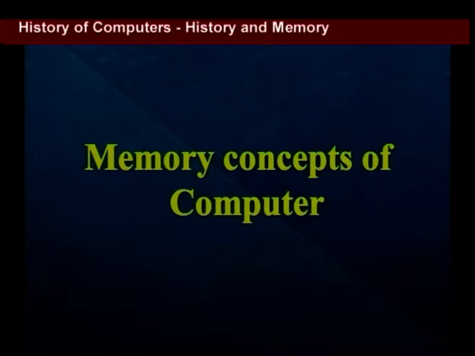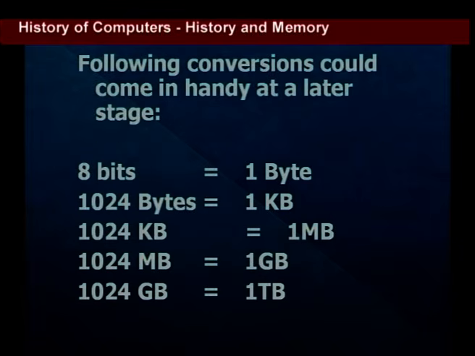Next, coming to memory concepts of a computer. What is memory and what is the concept? A computer has a binary language, which consists only of zeros and ones. How it stores values and how it stores this computer language, memory is different.